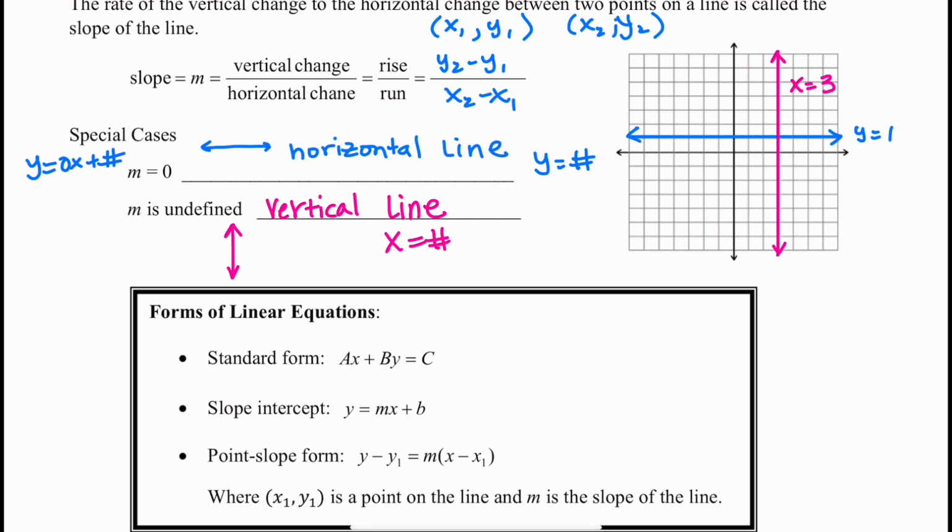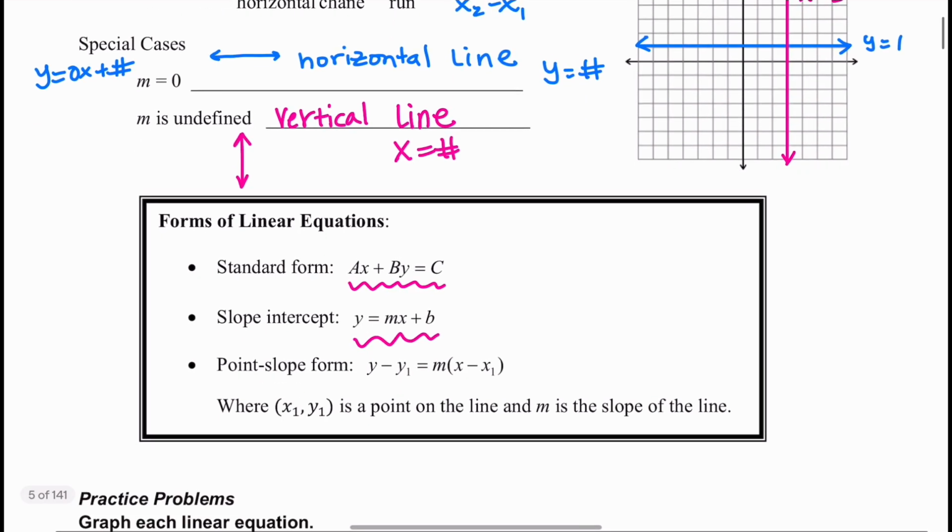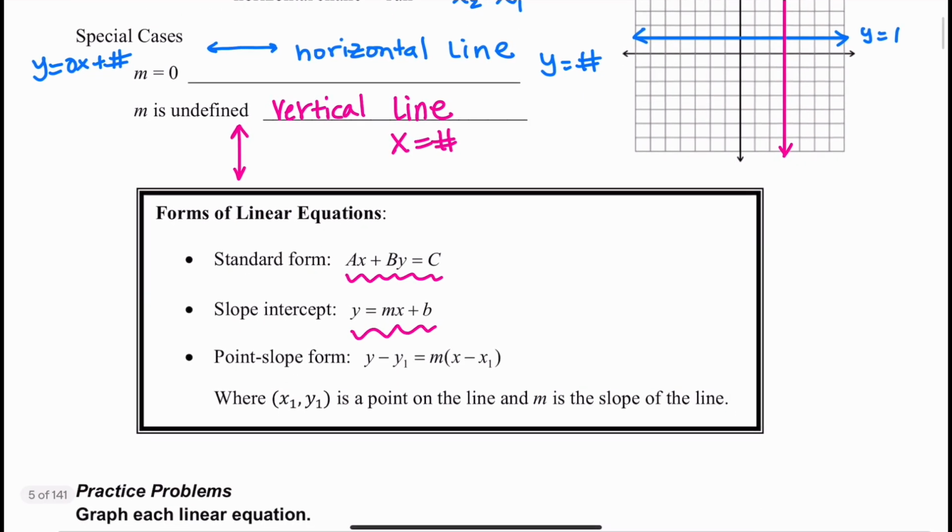Now we have several forms. We have standard form, ax plus by equals c, and y equals mx plus b. We have point-slope form, which is y minus y1 equals m times x minus x1. This comes from the slope of a line, m equals y2 minus y1 divided by x2 minus x1.